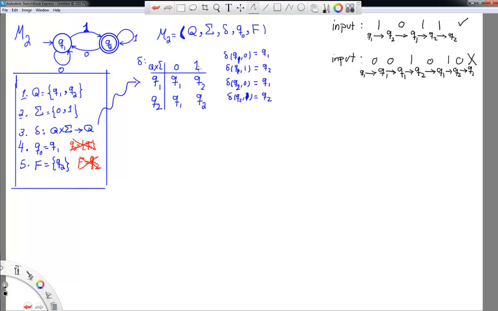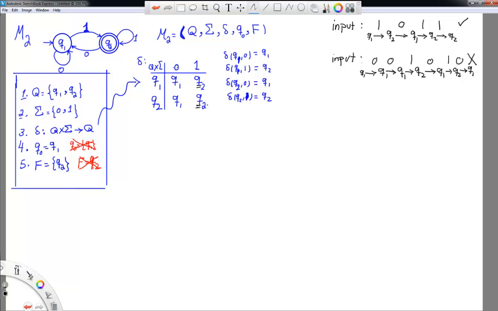By looking at your transition table here also, you would realize that q sub 2 is your final state, which means that if you are in q sub 1 or in q sub 2 and you read a 1, you go into or stay in q sub 2, which is an accept state.